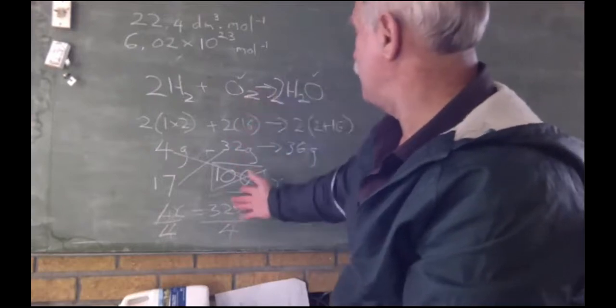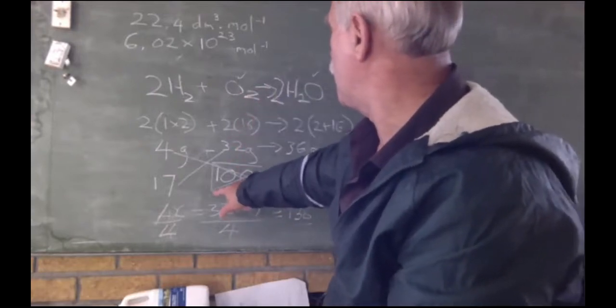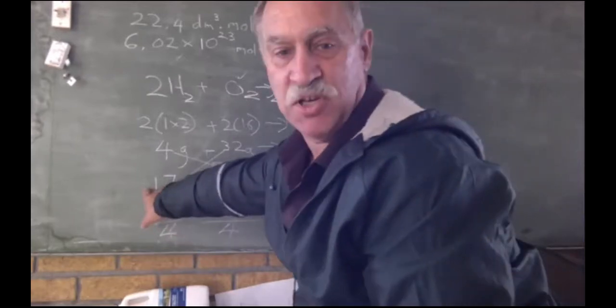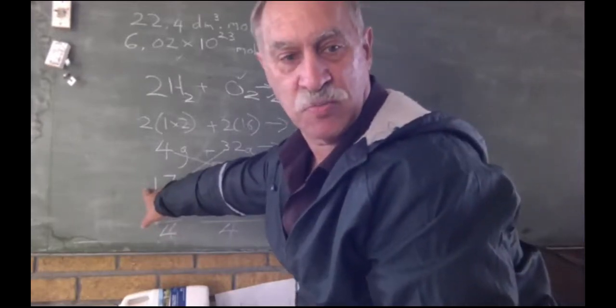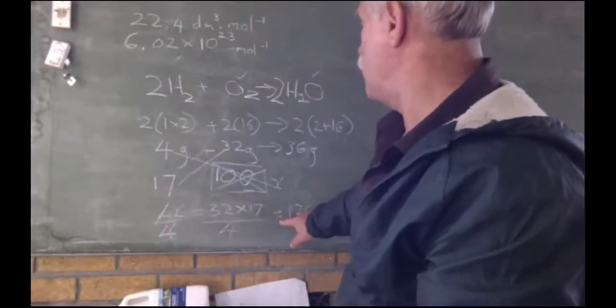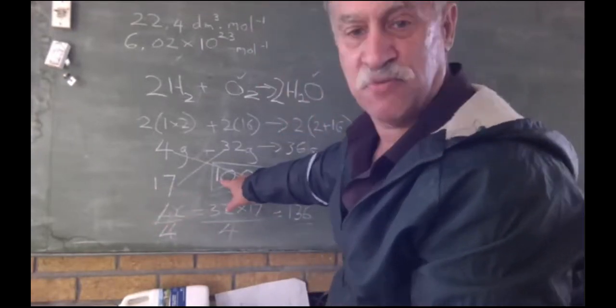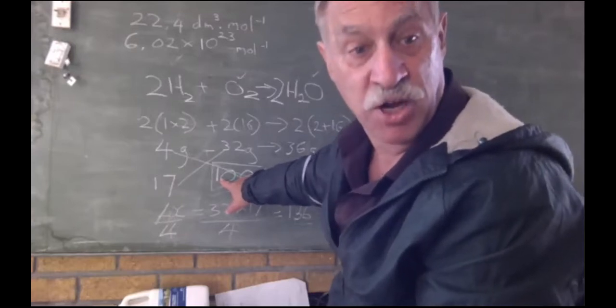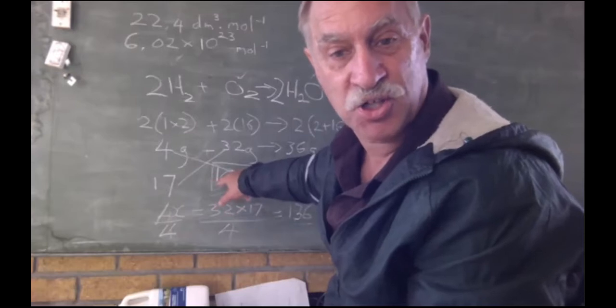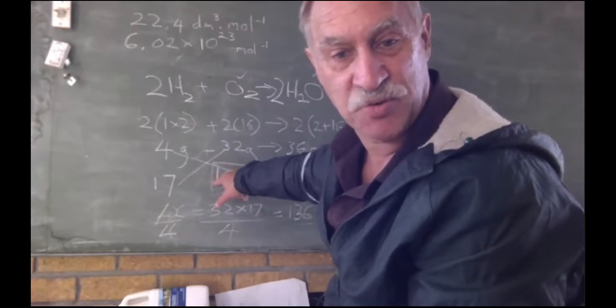It's going to be this one, which is your oxygen. Because if I've got 17 grams of that, I would need 136 grams of that. But I've only got 100 grams. So oxygen is my limiting reagent.